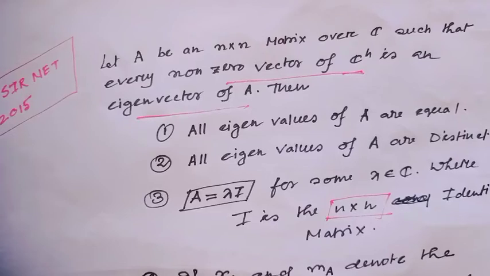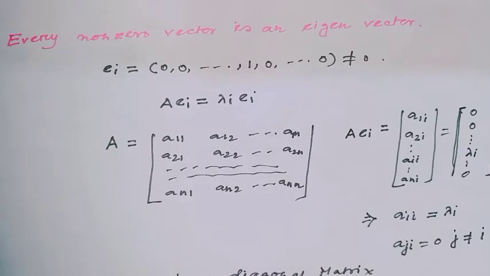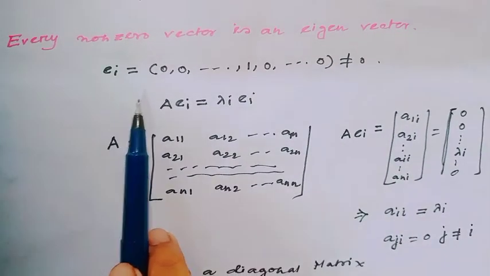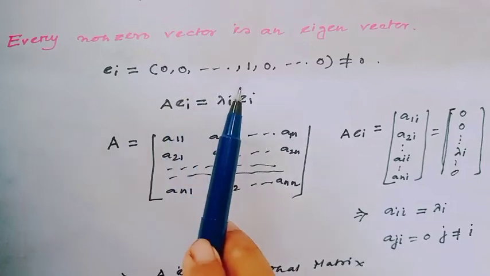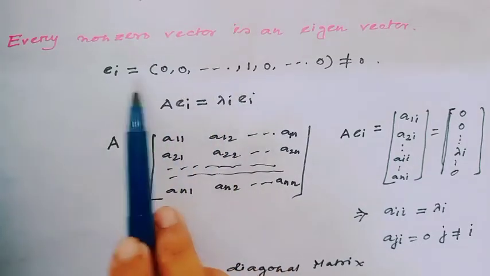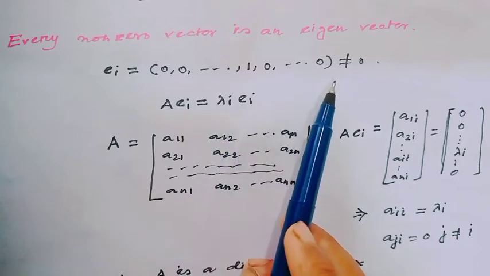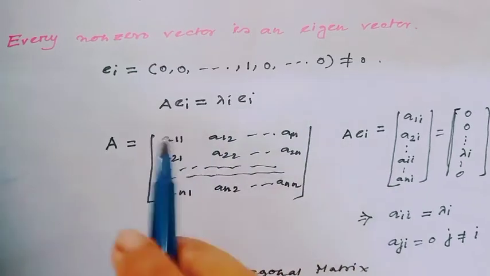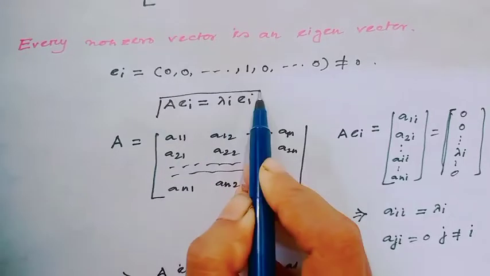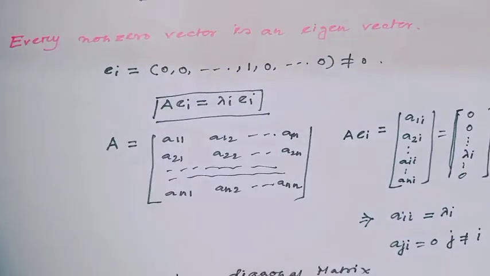This is very important. We have to prove every non-zero vector is an eigenvector. For this, consider e_i equal to 0, 0, 0, where in the ith position it is 1 and otherwise 0, and consider A e_i equal to lambda_i e_i.